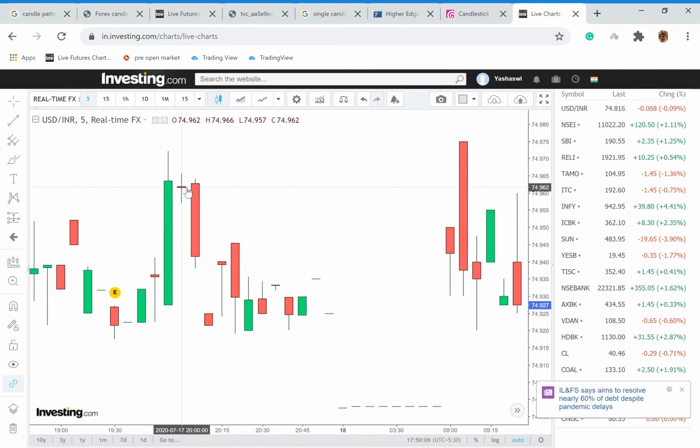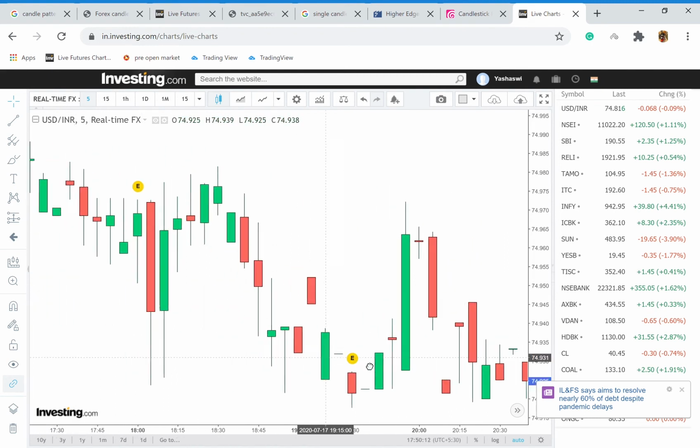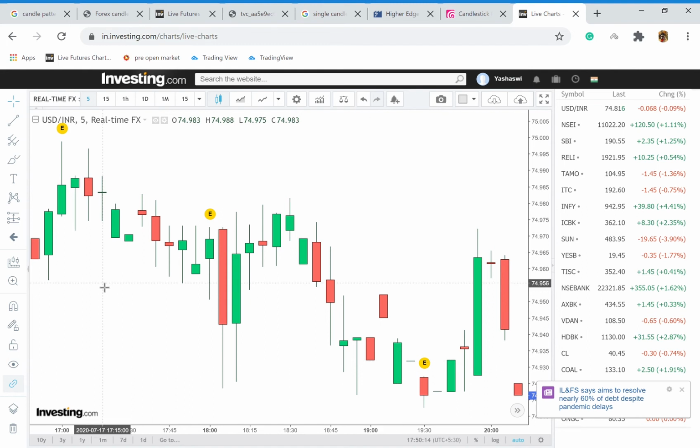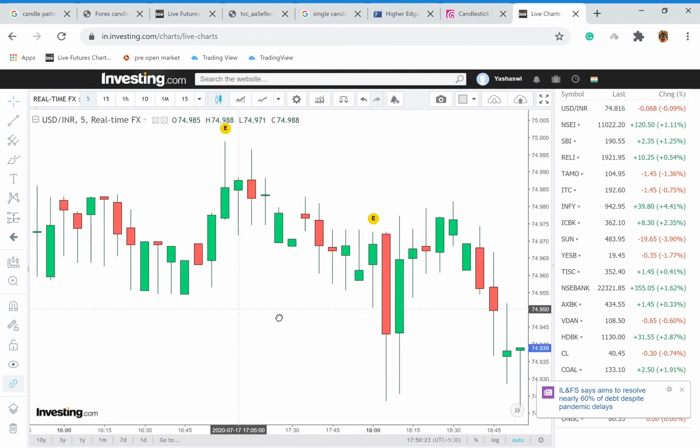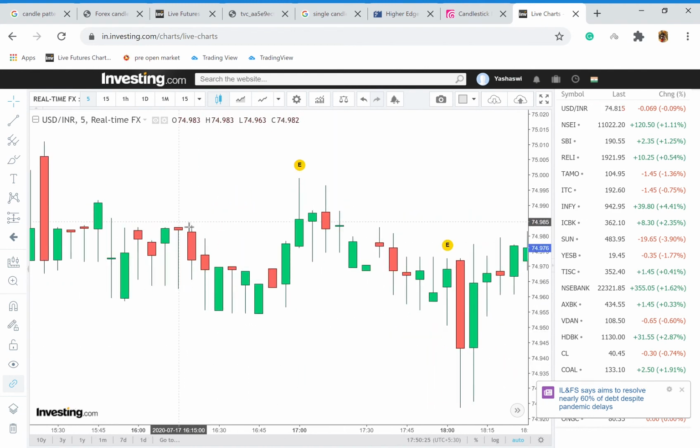It opened and closed almost at the same point. Based on the type of candle, there will be inferences of how the market will go.